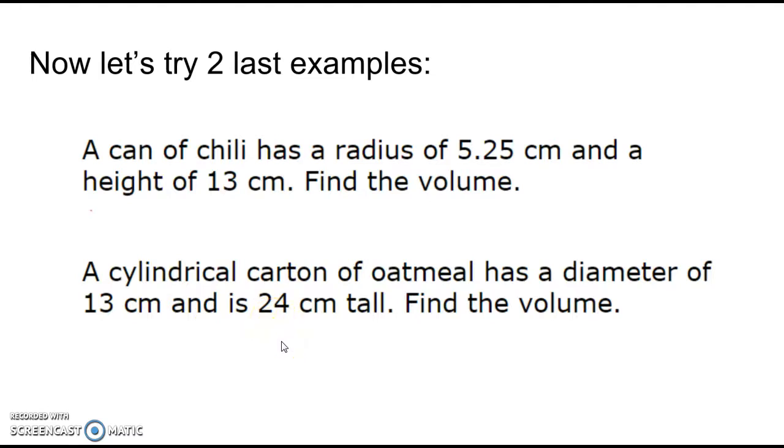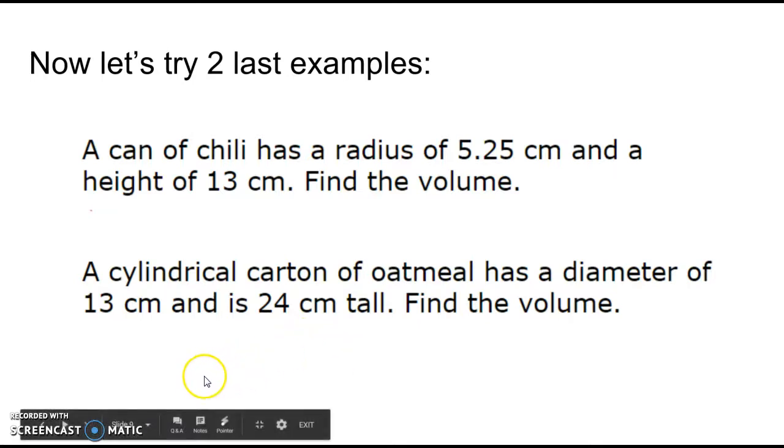So when you put that in your calculator, pi times 6.5 squared times 24, you will get the volume. After you put that in your calculators, you should have gotten 3,184 centimeters cubed.